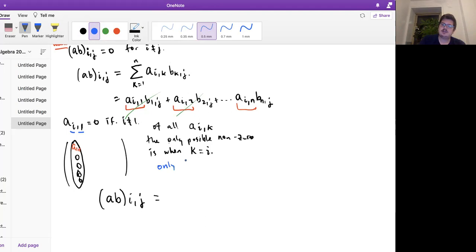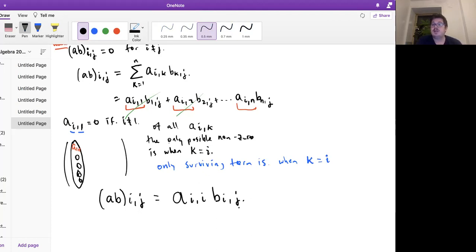The only surviving term is when k equals i, right? So let's plug in k equals i. We have aii and bij. I'm plugging in k equals i, and all the other terms will be 0, because since A is diagonal, all the other terms will be 0.